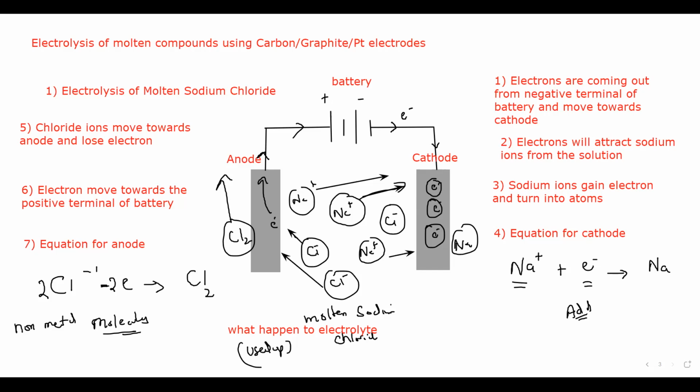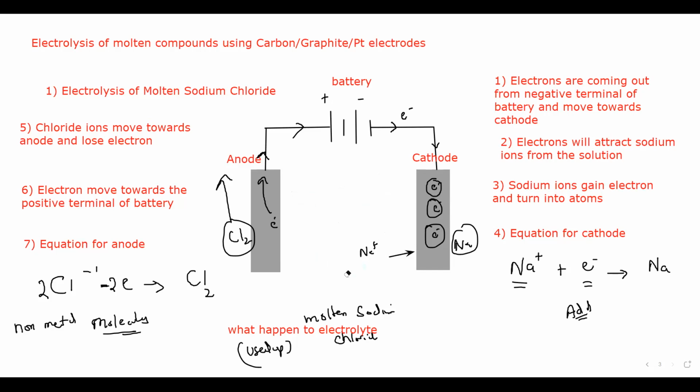So this is how we do electrolysis of molten sodium chloride. We have molten sodium chloride. When we pass the current, chloride ions move towards the positive plate and sodium ions are attracted towards the negative. They gain electron and turn into atoms. How is the electrolyte used up? I had sodium ions and chloride ions.